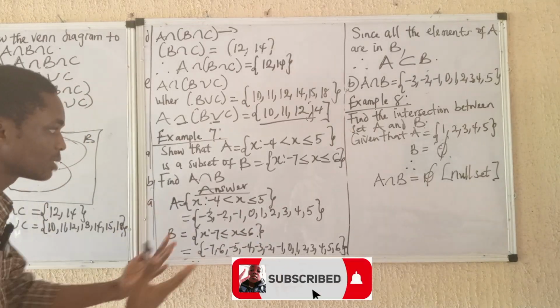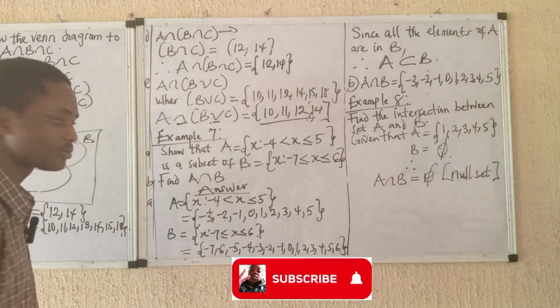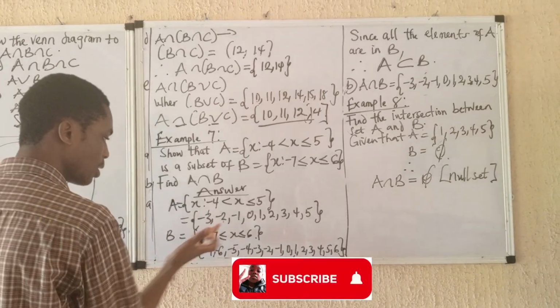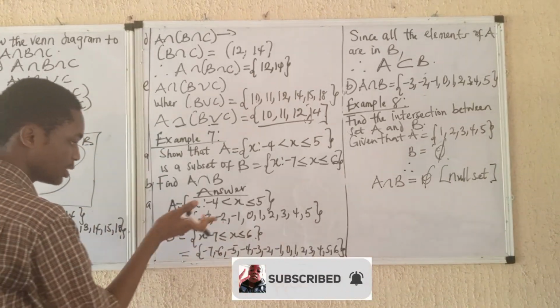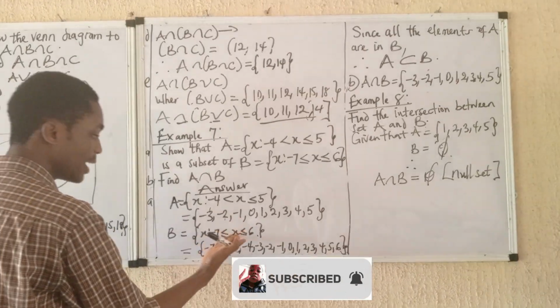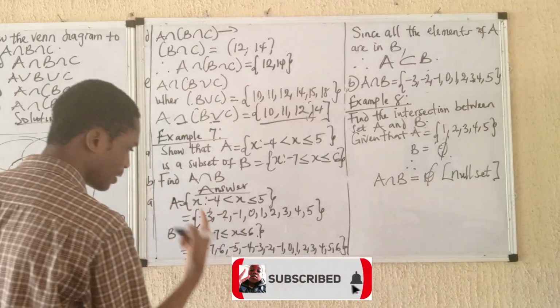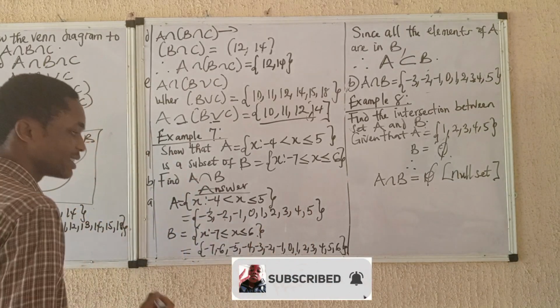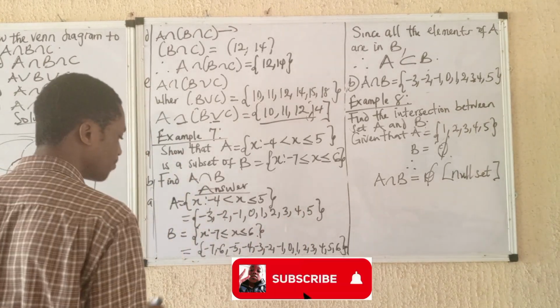So this is the interpretation of the question given to us. First of all, interpret before finding the subset. Now set B contains elements X where X is greater than or equal to -7, and the other side tells us X is less than or equal to +6.